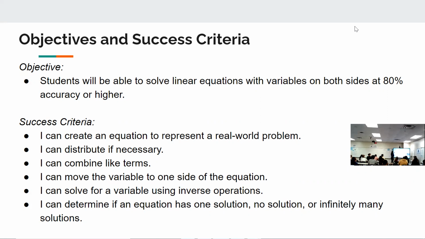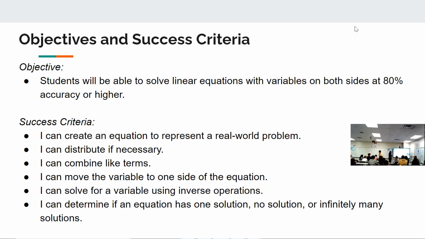So in order to be able to effectively solve these problems that you'll be quizzed on tomorrow, you need to be able to create an equation to represent a real world problem, to distribute if needed, combine like terms, move the variable to one side, solve for the variable, and then determine the number of solutions.